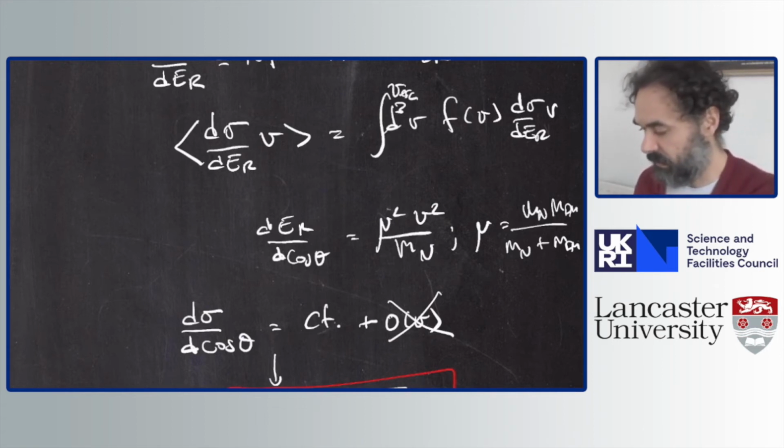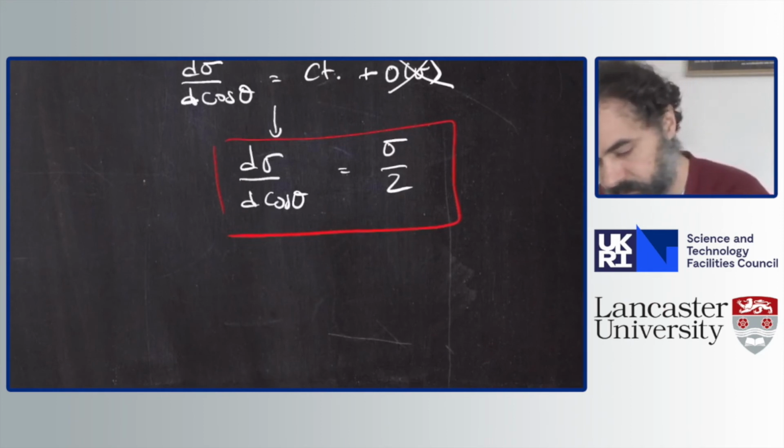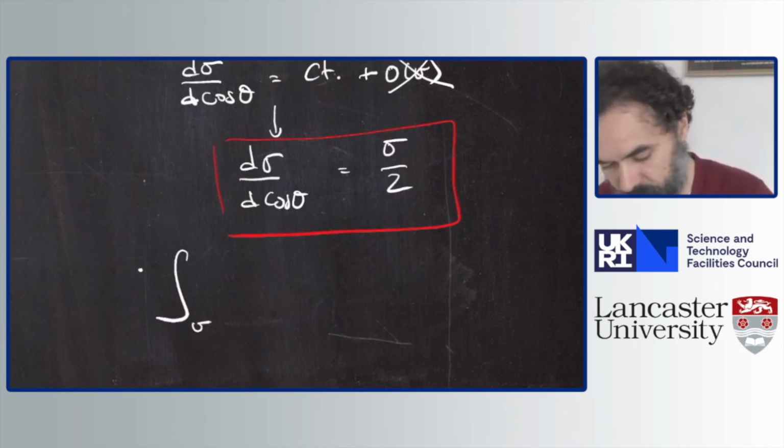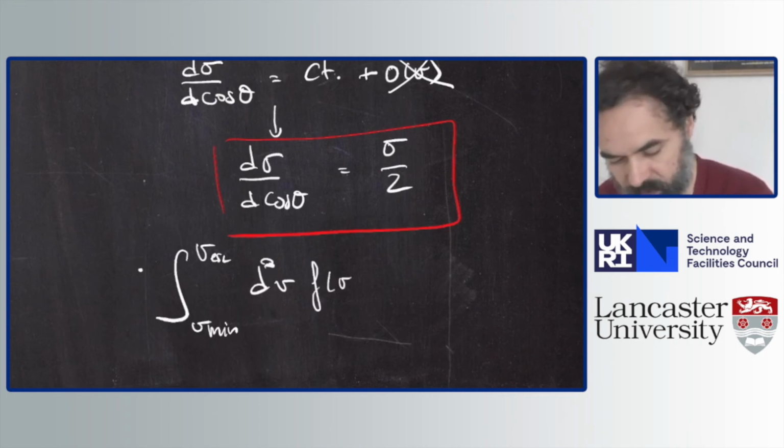And finally, with all this information, you can compute the integral from a minimum velocity to a maximum velocity of dv f(v) dsigma/dE_R.